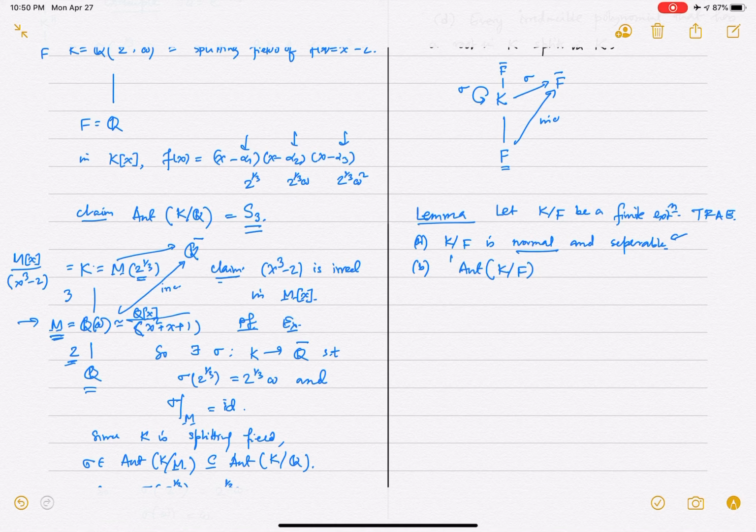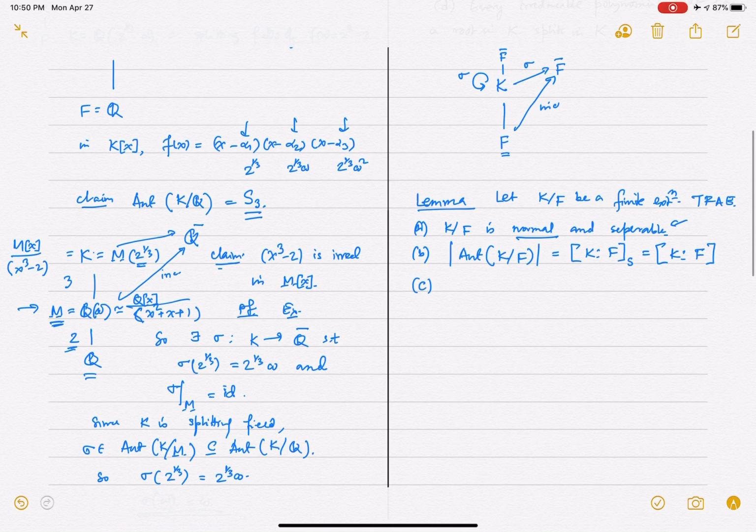This automorphism group has the same size as the separable degree of the extension, which is the same, when it's separable, as the usual degree. So the group order is same as the extension.